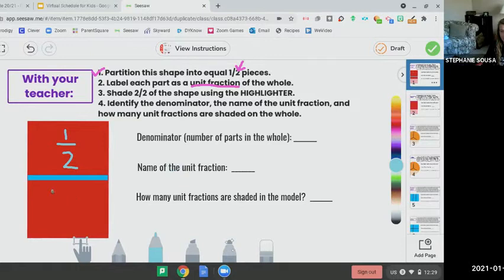I'm going to label the bottom part as a unit fraction of 1/2 because each of these are 1/2 of the whole. If I am writing, you are writing. So label each part as a unit fraction, done.